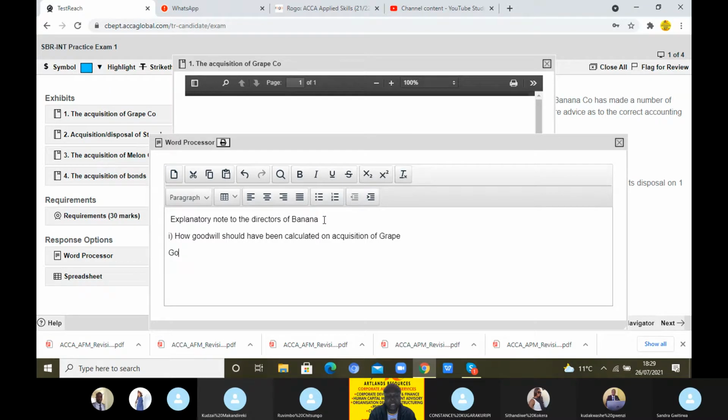So you say, goodwill is calculated as the difference between the sum of consideration transferred and the value of NCI, or non-controlling interest in full, less the fair value of the subsidiary's identifiable net assets at acquisition.